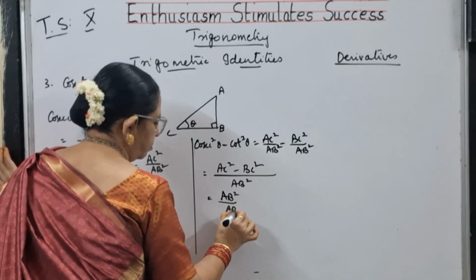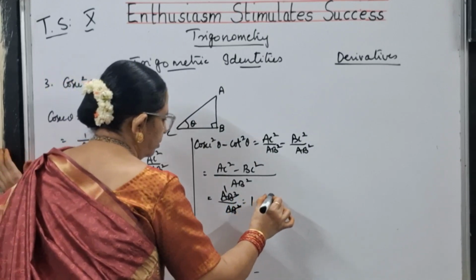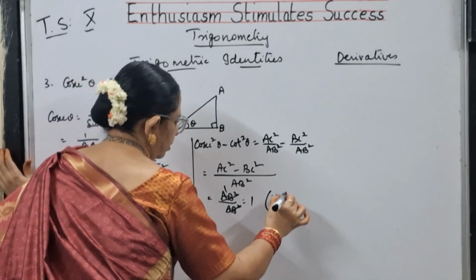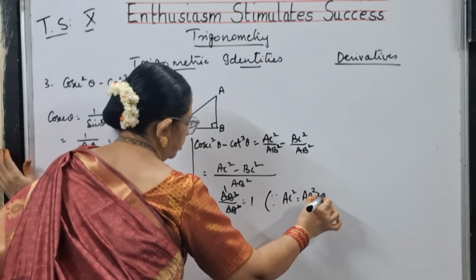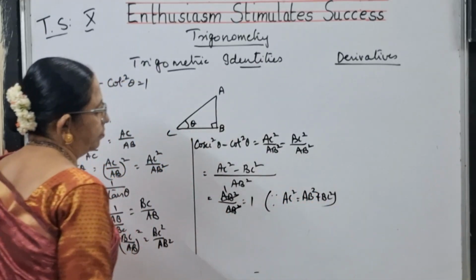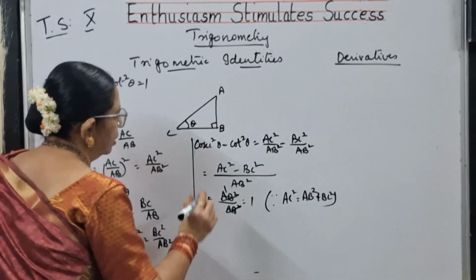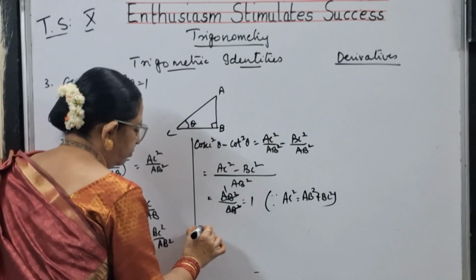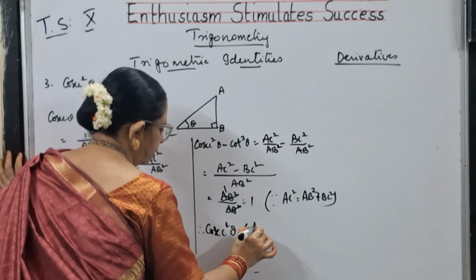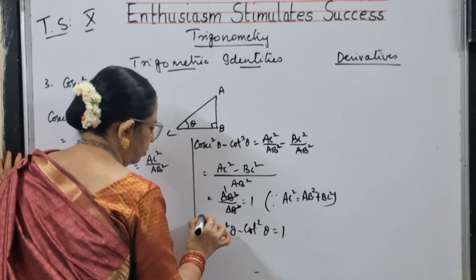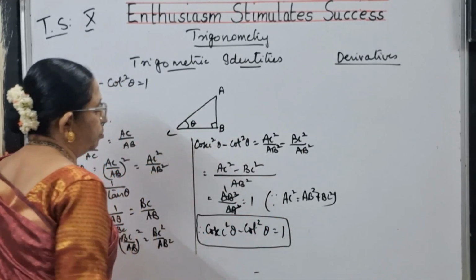AB square by AB square gets cancelled. This is equal to 1. The reason here is because AC square is equal to AB square plus BC square, Pythagoras theorem. So when you take BC square away, left over is AB square only. So what have you got? Cosecant square theta minus cot square theta is equal to 1. This is the identity that you have proved.